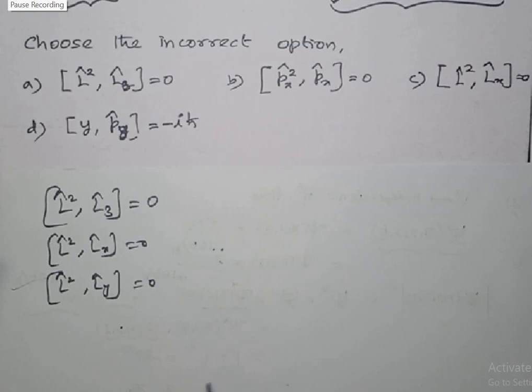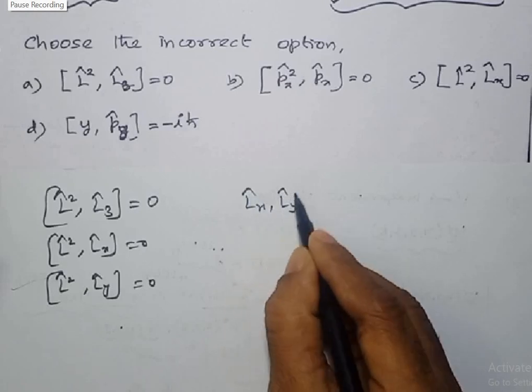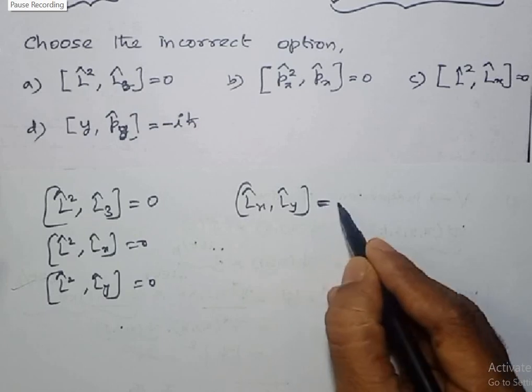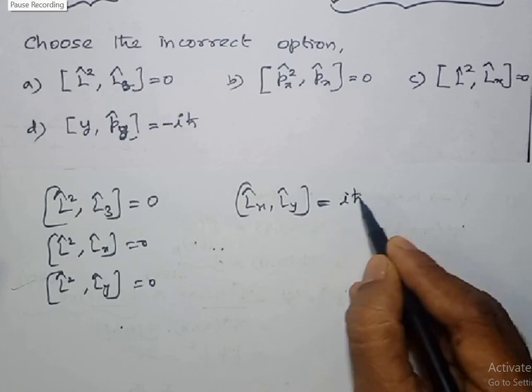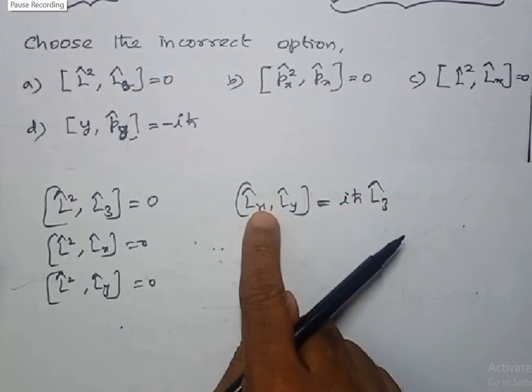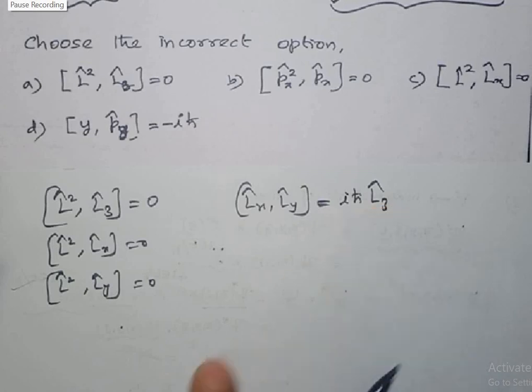L square commutes with Lx, Ly, Lz. But Lx and Ly do not commute. You will get the answer as i h cross into Lz. You know very well how to write; you should use the cyclic rule. X, then Y. After Y, you should get Z.